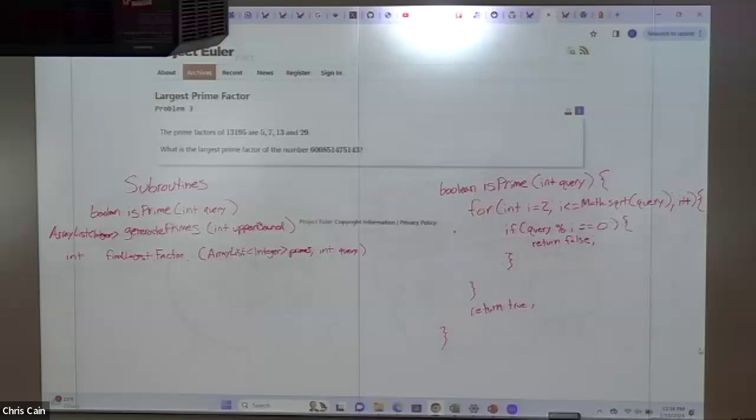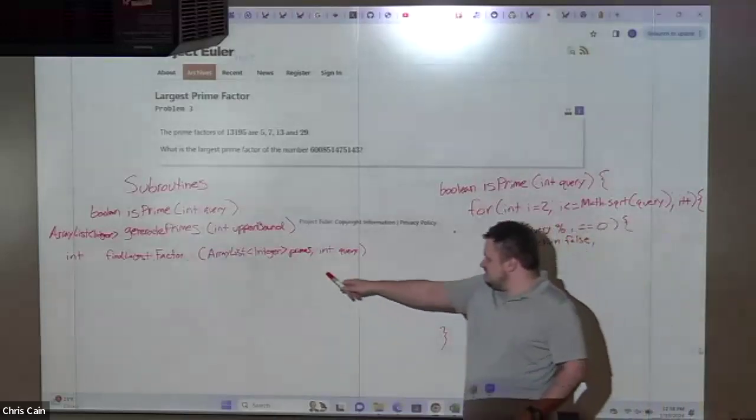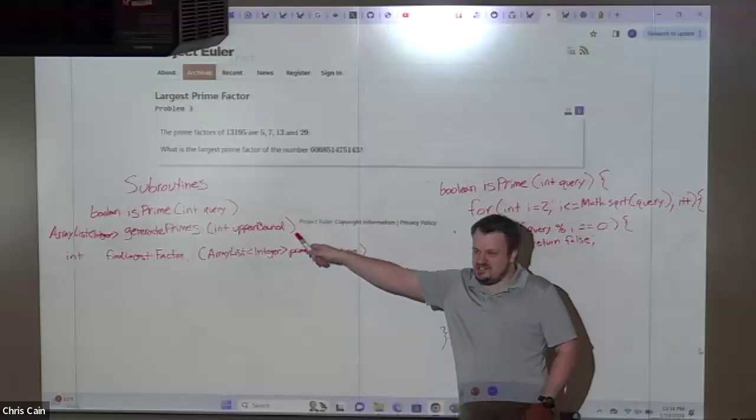I think it's 97? Is that a factor of 100? No. So there's some additional work that we need to do in find largest factor after we've come up with a list of primes.